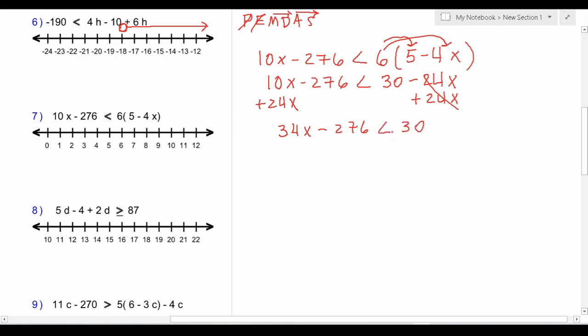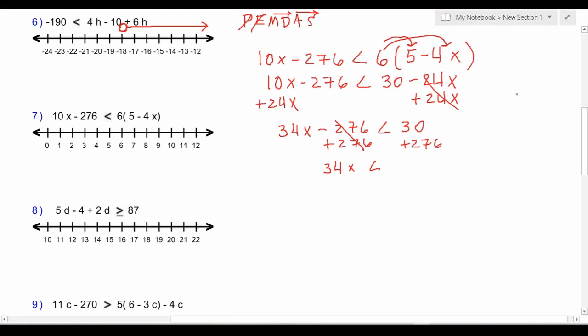Now again, we're trying to get the variable x by itself on one side, so that's going to prompt me to add 276 to both sides. This is going to cross out, leaving me with 34x on this side, being less than 30 plus 276.